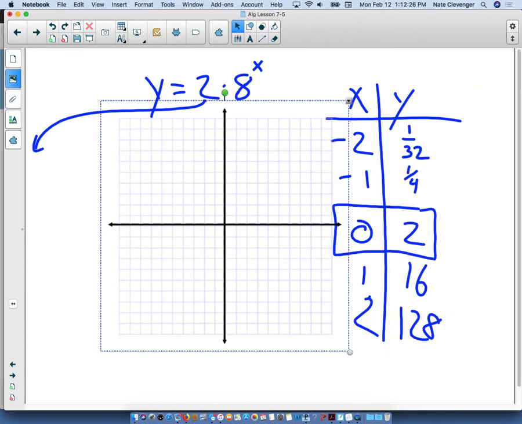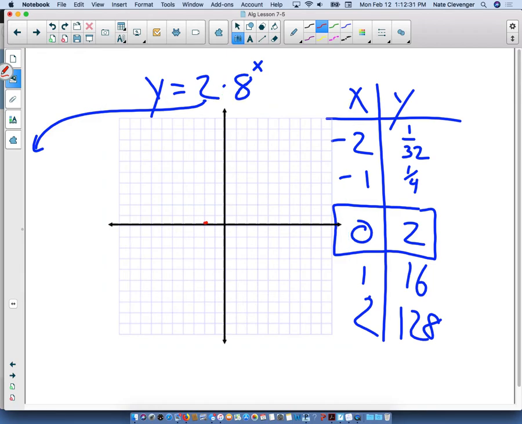So -2, 1/32 would barely be above, -1 and 1/4, 0, 2. Somewhere in there, and then you can create your graph from that.